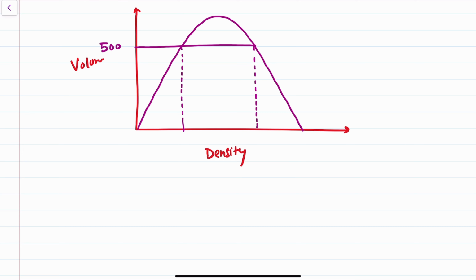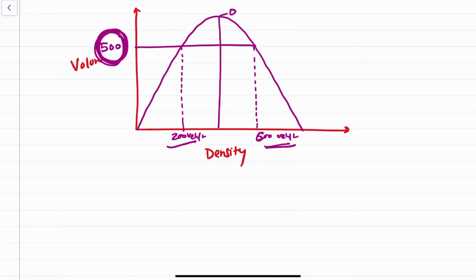Let's say, just for sake of understanding, 200 vehicles per kilometer and 600 vehicles per kilometer. This is the point of maximum traffic volume. So at the same traffic volume we can have two densities, or at two different densities we can obtain the same traffic volume. But the significance of this is totally different.